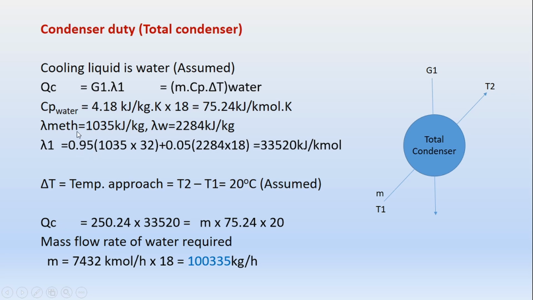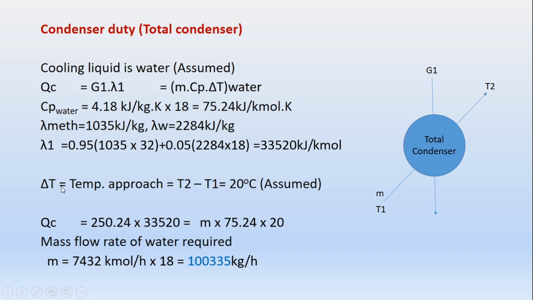This is in terms of moles only, so 0.95. Okay, so this is in terms of kg, multiply by molecular weight to get in terms of moles. This is methanol, this is for water. Okay, so we get lambda 1 as 33,520 kilojoule per kilomole.